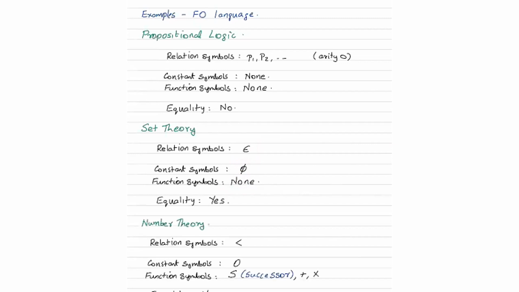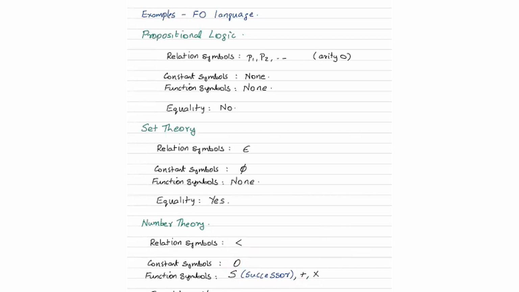So that's set theory. And elementary number theory: you can have a relation symbol, which is less than. You can have a constant, which is, let's say, 0. And typically, you have function symbols, which are successor of a number, addition, multiplication, and you would have equality. So these are examples of first order languages.